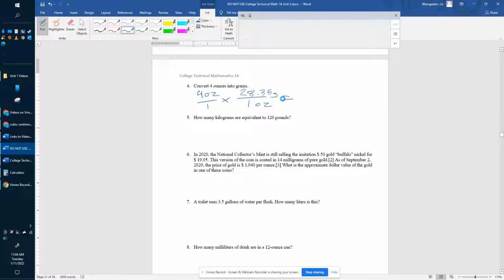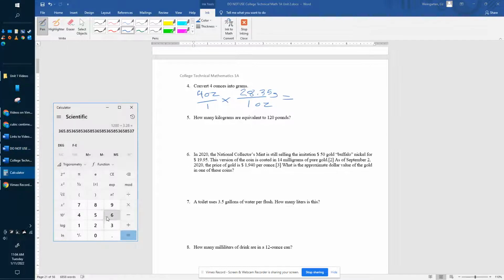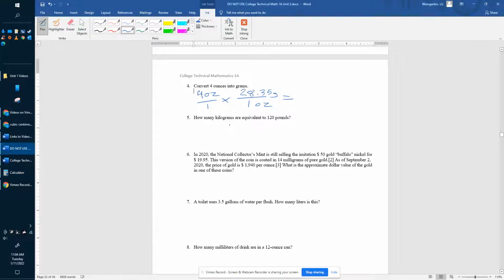So what's that going to give us? 113.4 grams.